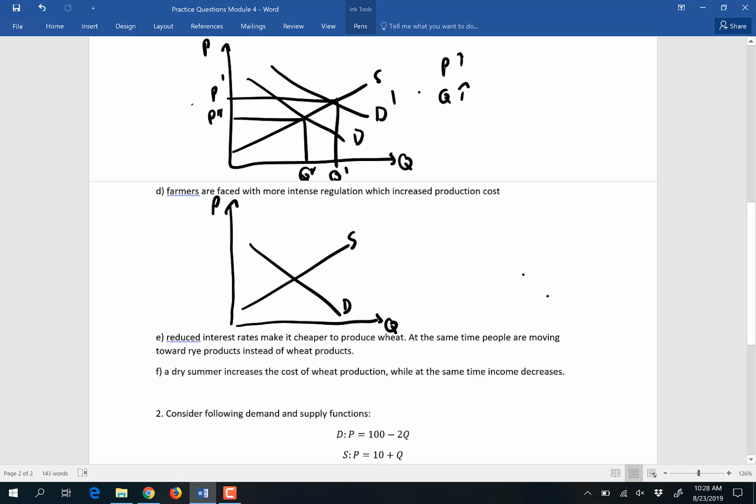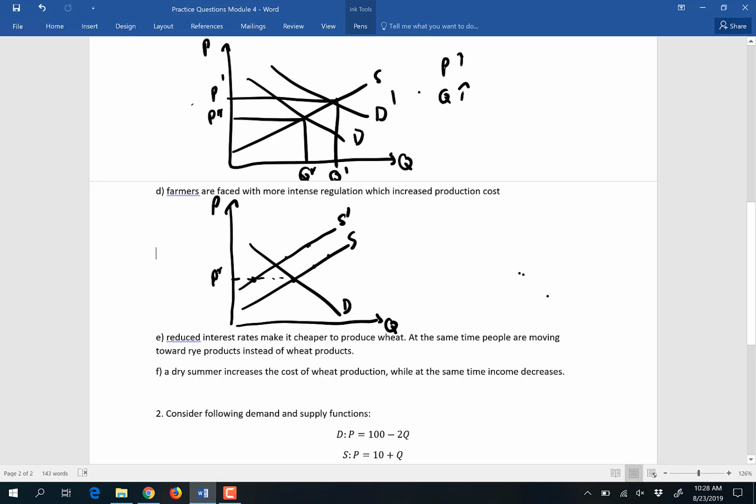So the supply function should shift to the left, right? For a given price, there should be fewer farmers who are willing to produce. And so there should be this decrease.